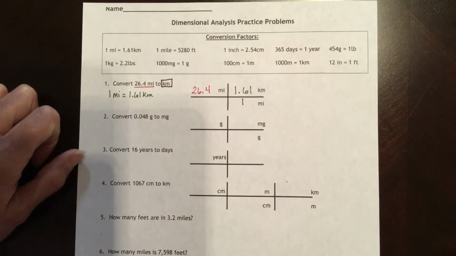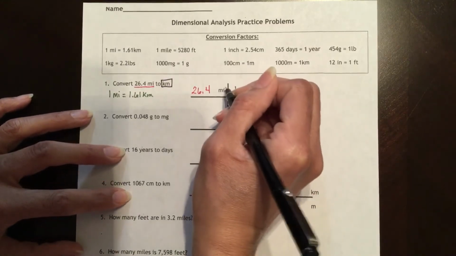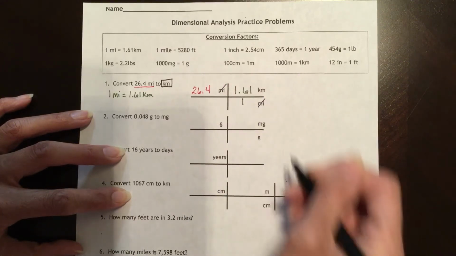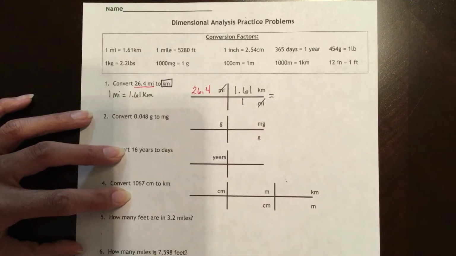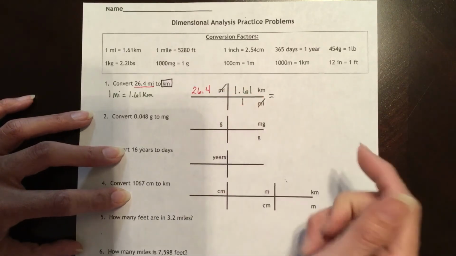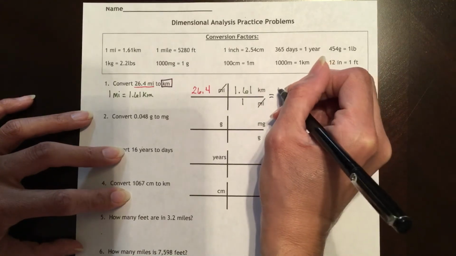Okay? Now, the next thing I'm going to do is get rid of my diagonal cancellation. So I cancel out miles. And I'm going to say equals. Now I'm going to multiply across and write down my number. This is good practice for later on when you get bigger numbers.